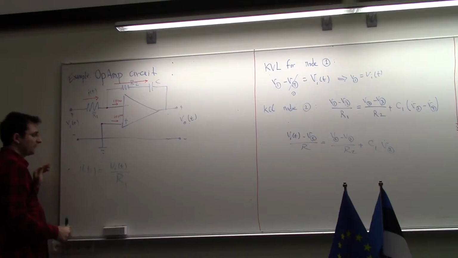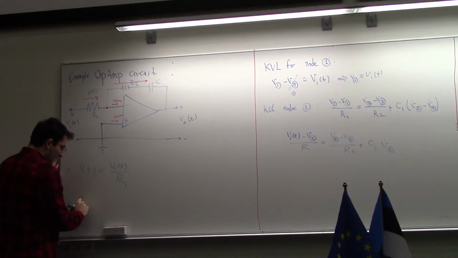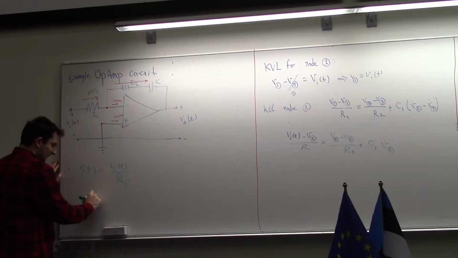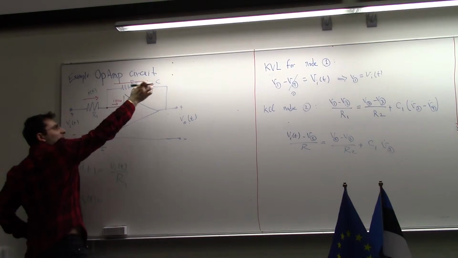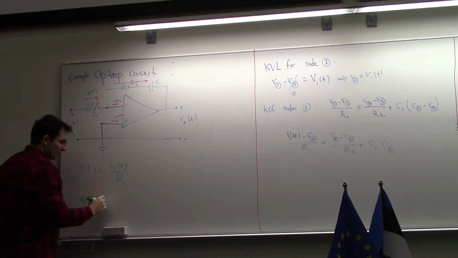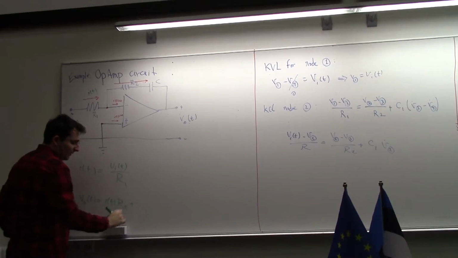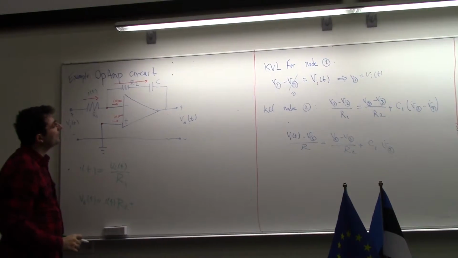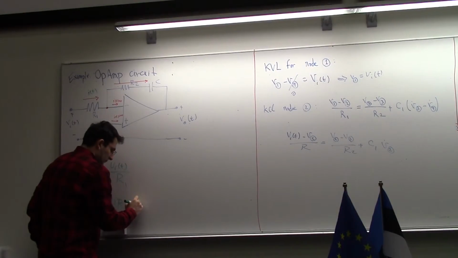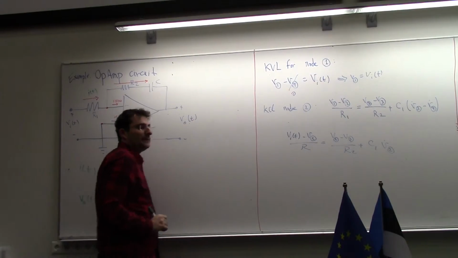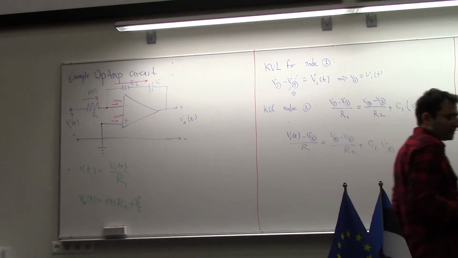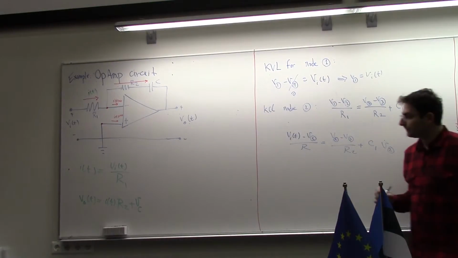Let's use the KVL, and we know that V_o(t) is equal to this voltage plus this voltage, which is I(t) R2 plus V_C, the voltage of the capacitor.